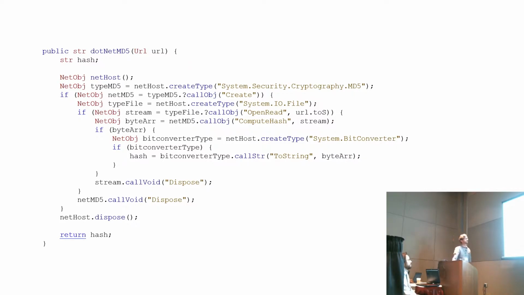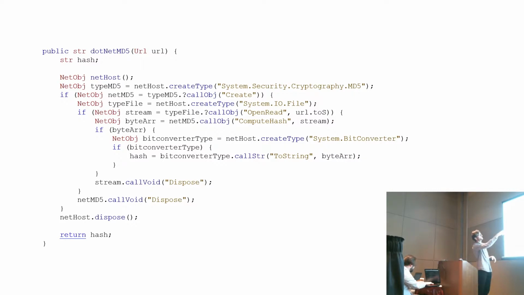It's a little bit more complicated because it's creating an MD5 object first, and then it opens a file, which we cannot use our own URL because it has to be a net obj kind of URL, I guess, for a file.